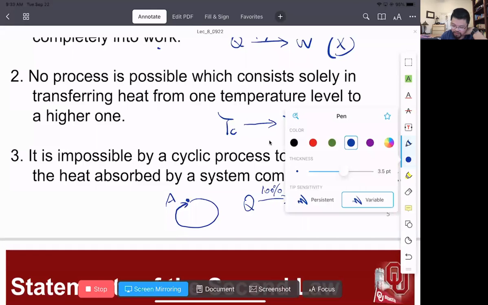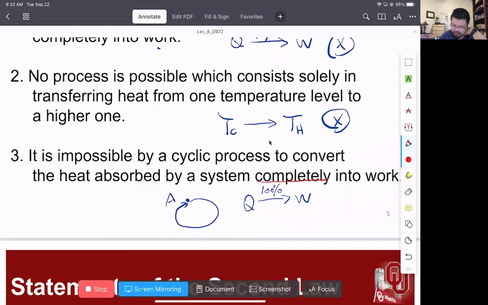Complete meaning 100%. That is also impossible. So those would be the three statements for the second law of thermodynamics.